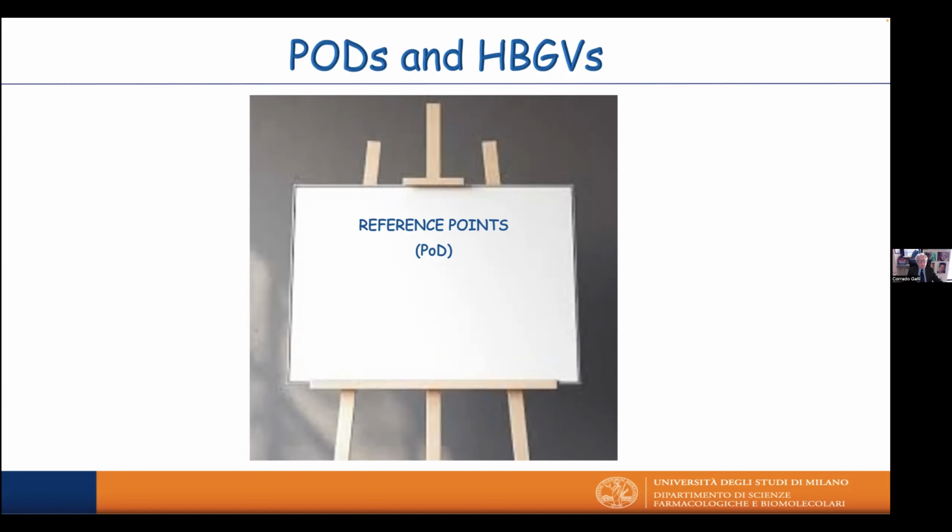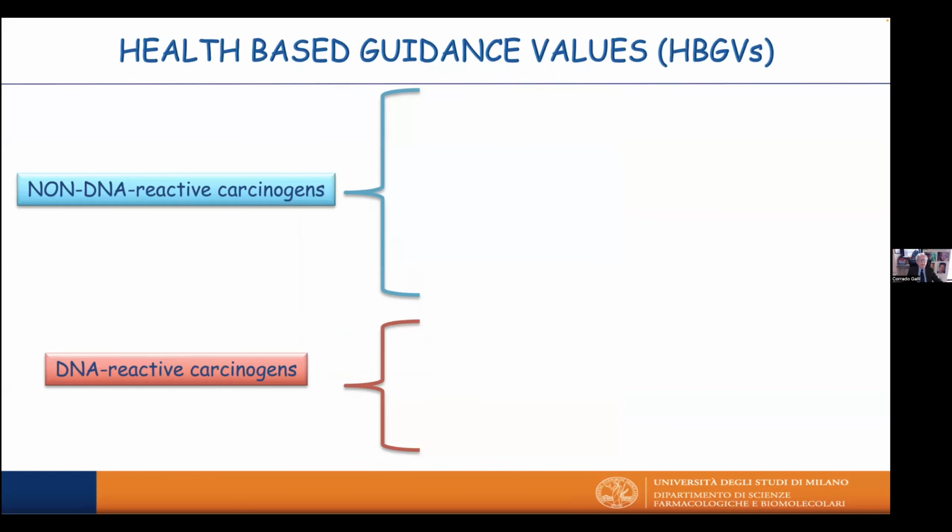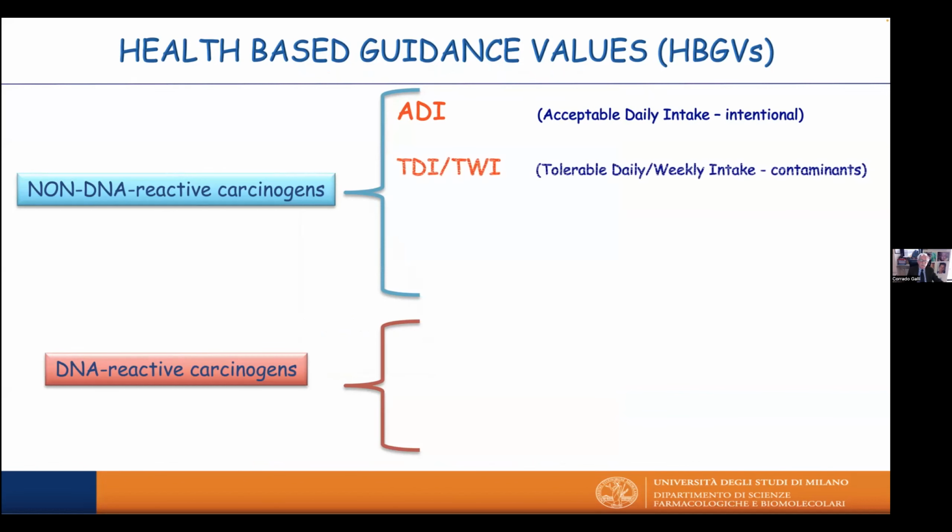So when you have defined your point of departure, a further step is to try to identify the safe dose for the population, for animals or for whatever. You have to translate the points of departure into health-based guidance values, which are different, because we started with the admissible daily intake, and now we have the acceptable daily intake when we deal with intentional chemicals added to the diet or added to an environment.